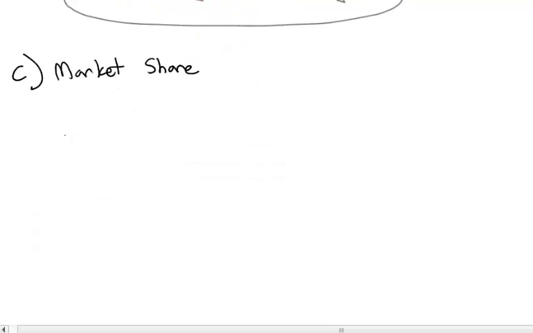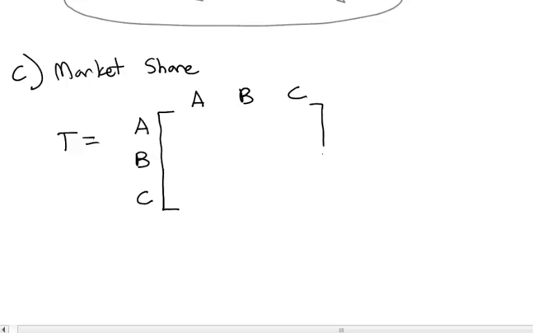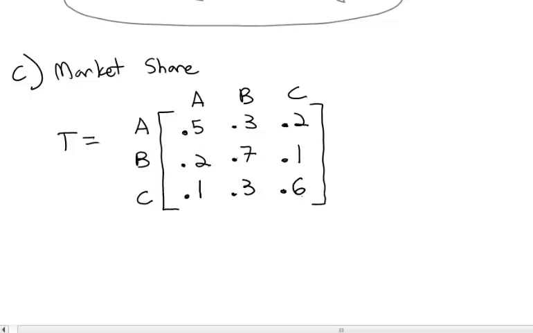Let's say I have a transition matrix between three companies, A, B, and C. And of A's customers, 50% or 0.5 stay with A, 30% switch to B, and 20% switch to C. Of B's customers, 20% switch to A, 70% stay with B, and 10% switch to C. Of C's customers, there's a probability of 0.1 they'll switch to A, 0.3 they'll switch to B, and 0.6 they will switch to C.